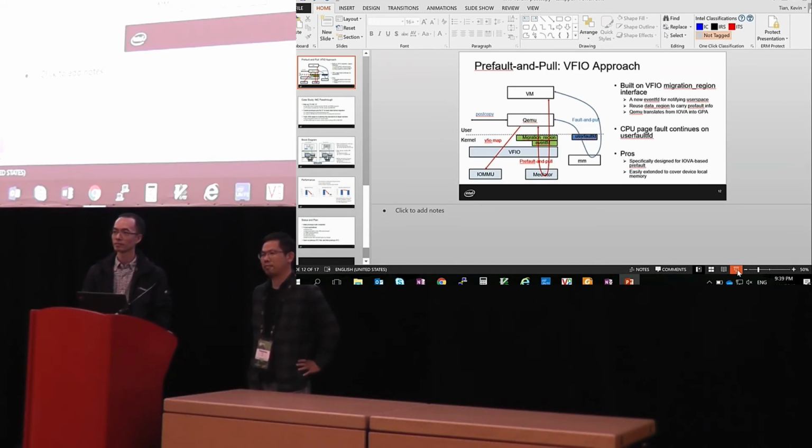So, historically, whenever we try to save the state of a software implementation of devices and then restore them, and we had to preserve that compatibility across different versions of QEMU, we ran into a huge number of problems.